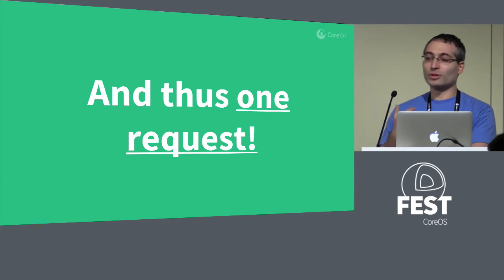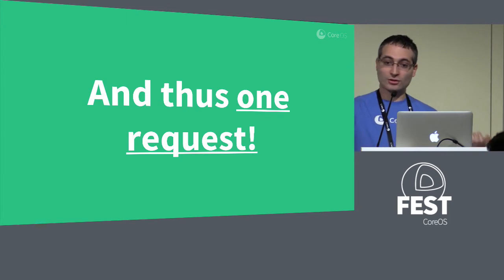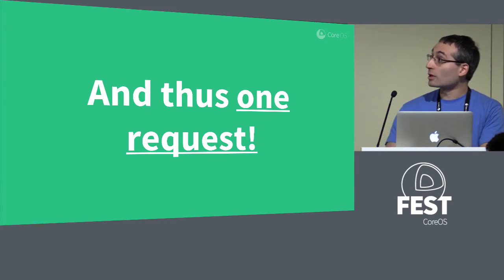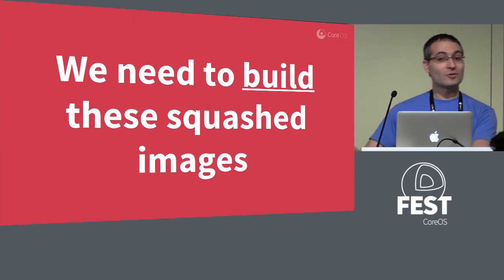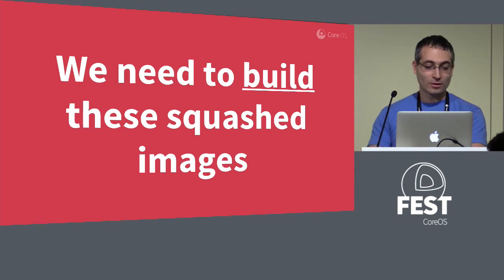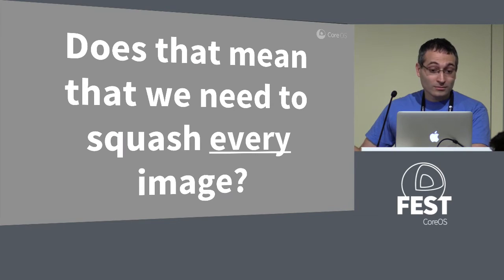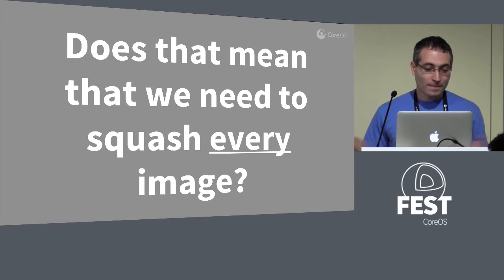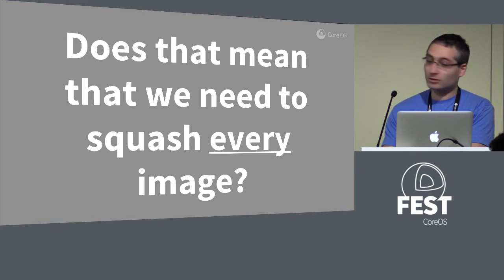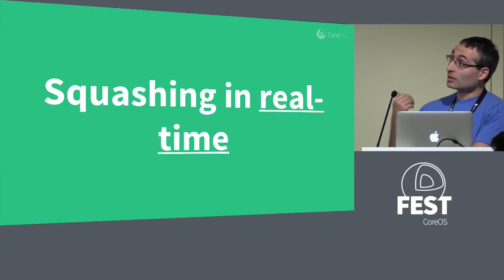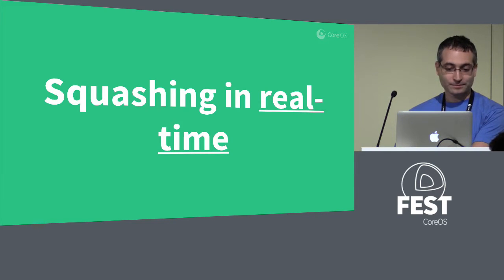But these aren't normal Docker images. These are not the images that we ourselves pushed to the registry, which means that the registry would have to build these squashed images and would probably have to do so for every image. Well, is that sustainable? Fortunately, we found a better solution, and that was the ability to squash images in real time.